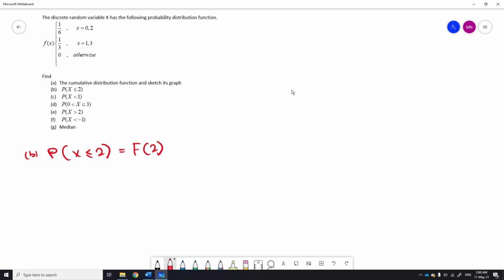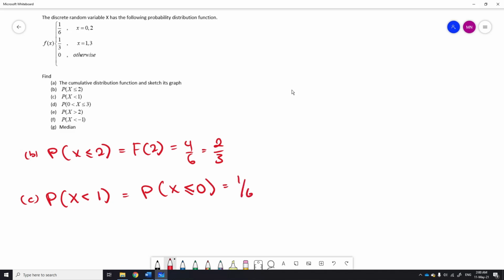So we already did the calculation. f2 is 4 over 6, or just equal to 2 over 3. For question C, probability x is less than 1, is actually equal to probability of x less than or equal to 0. That is 1 over 6.